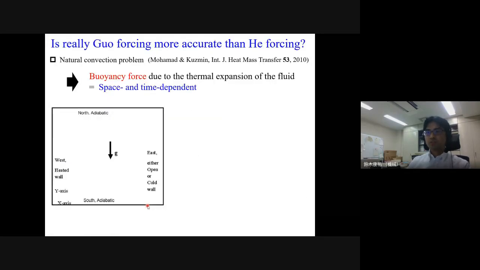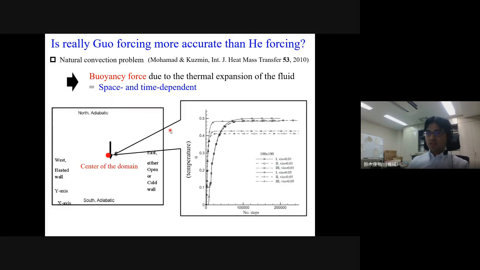However, some numerical demonstrations have suggested a question. Is Guo forcing really more accurate than He forcing? For example, Mohamad and Kuzmin simulated the natural convection problem in a closed cavity like this. In this problem, the buoyancy force is added as an external force due to the thermal expansion of the fluid, and this force is space and time dependent. They calculated the time variation of the temperature at the center of the domain.